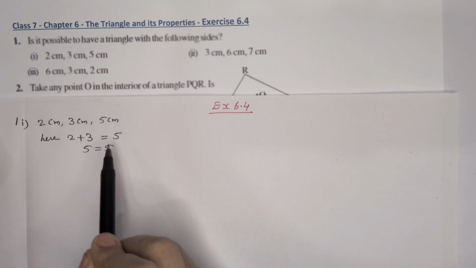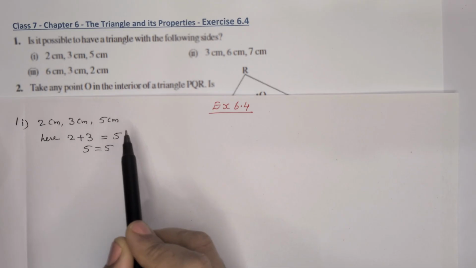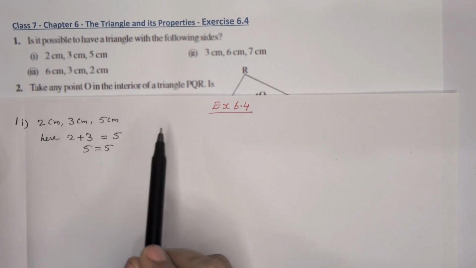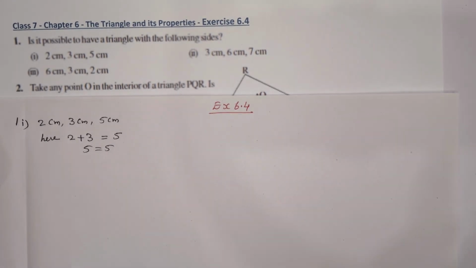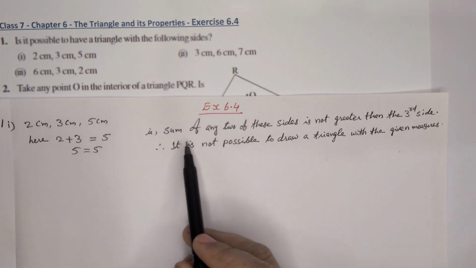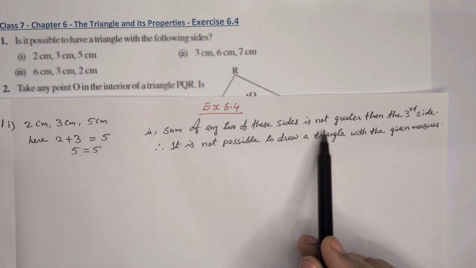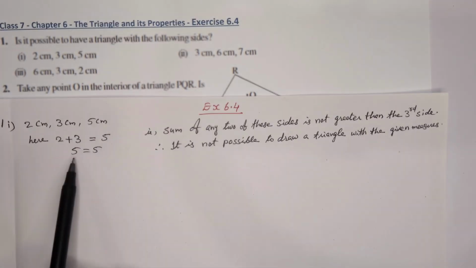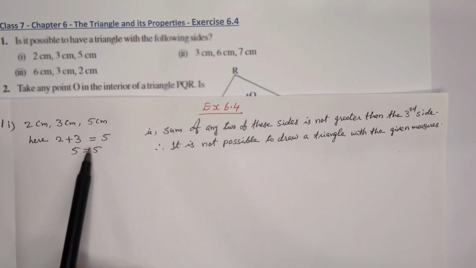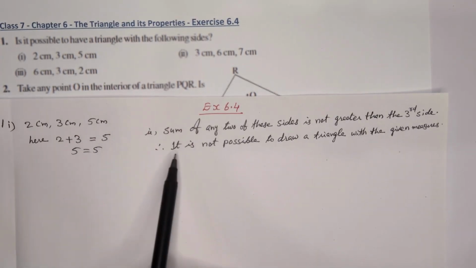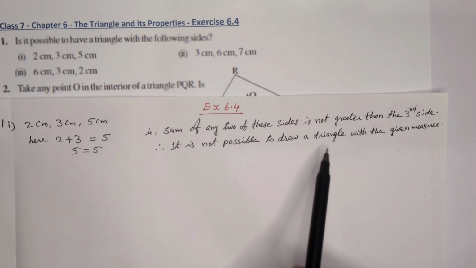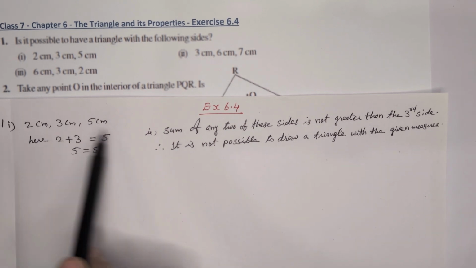Always the sum of two sides will be greater than the third side. Then only we can construct or draw the triangle. So we can write that the sum of any two of these sides is not greater than the third side. It became equal. Sum of two sides is the same as the third side.